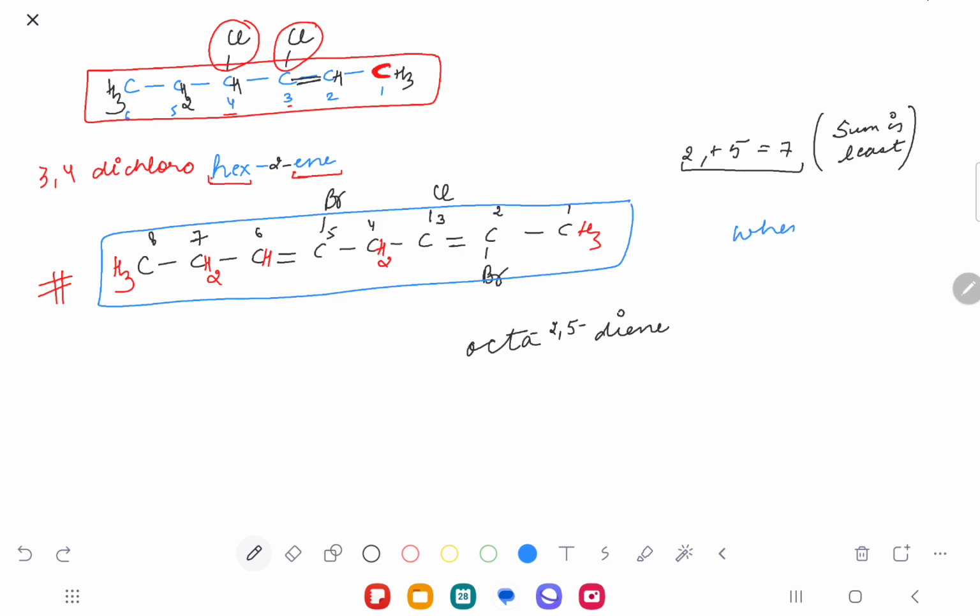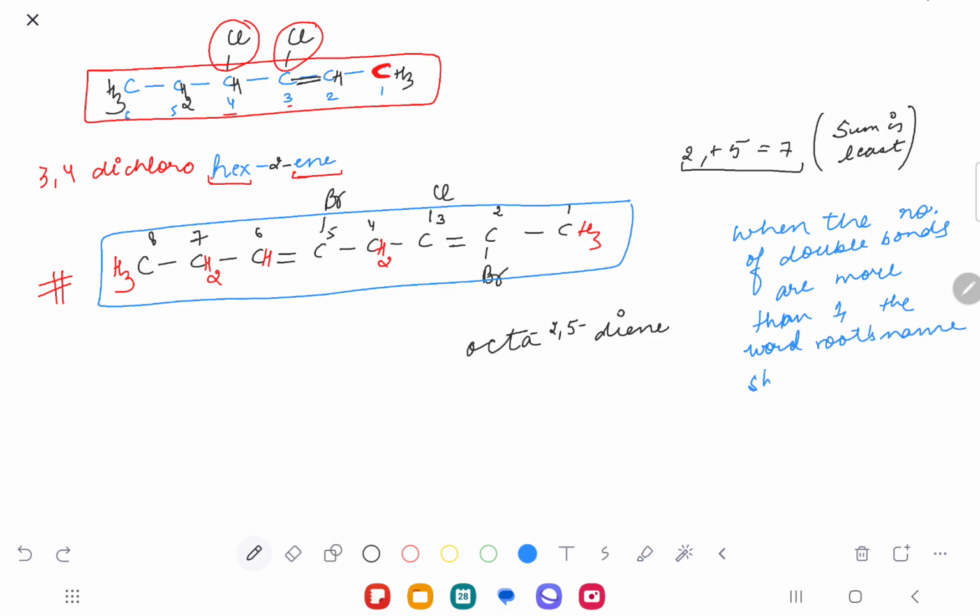So when the number of double bonds are more than one, the word root's name shall become octa.